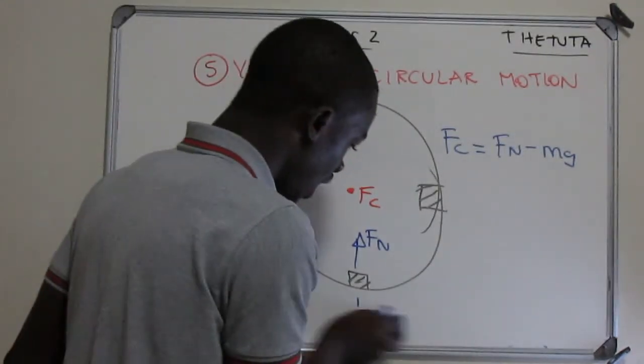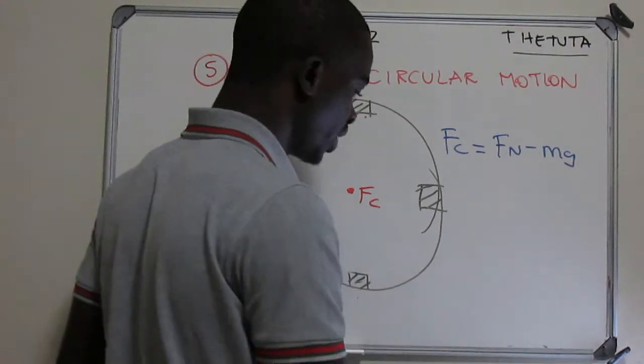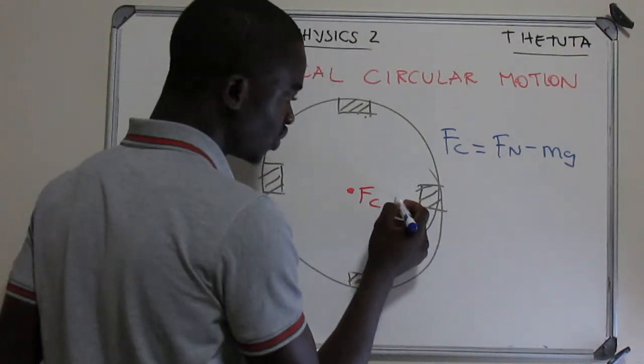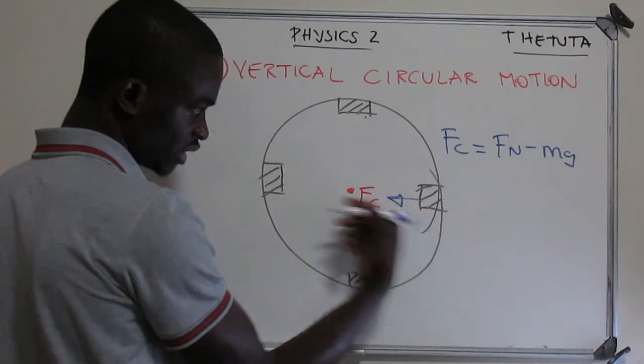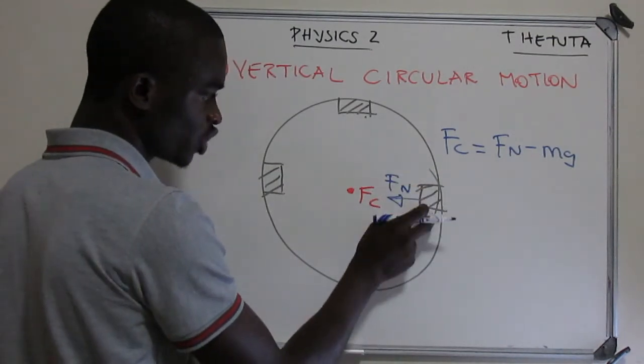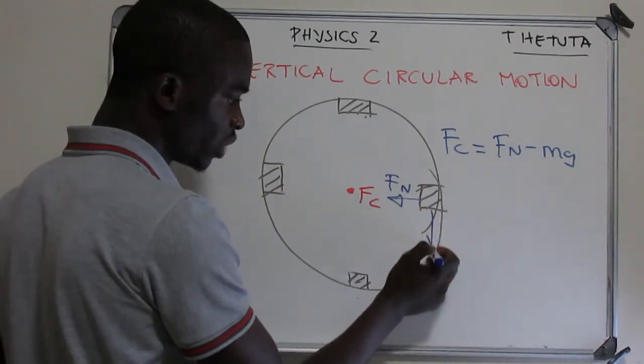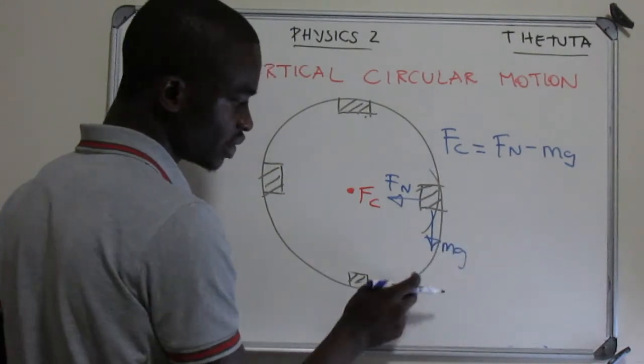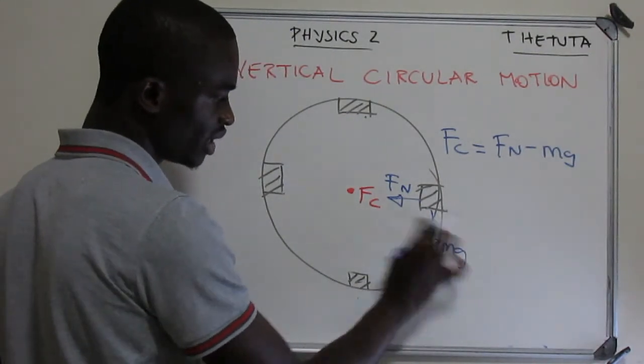Then we move to the left. Remember, the net force must be here, pointing in, in order for this object to go around. And the weight is where? The weight is going here. So the weight is negligible in this axis.